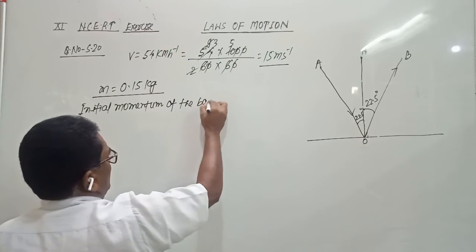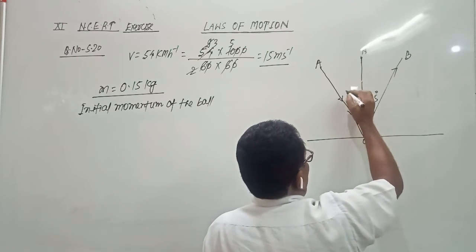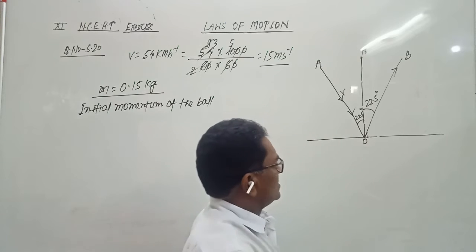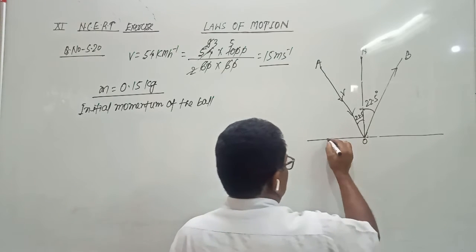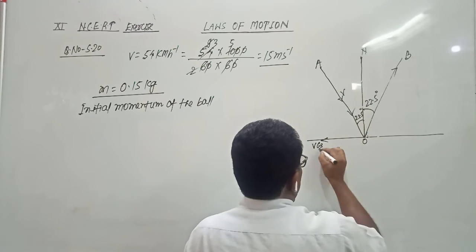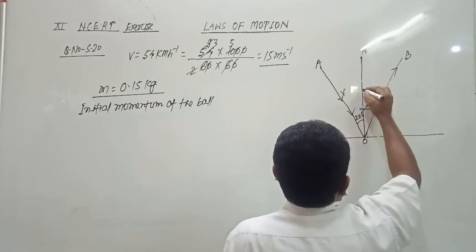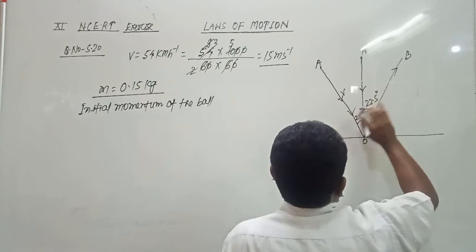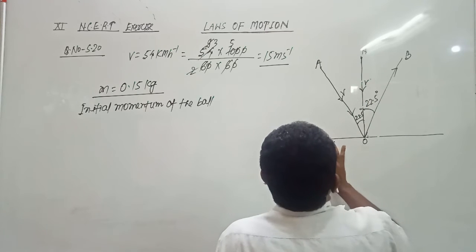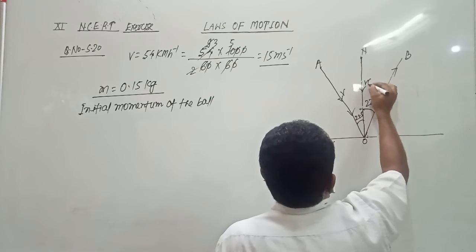Velocity is inclined at an angle of 22.5 degree with the vertical. So there must be two components. One is the horizontal component, which is V sin 22.5 degree, and another is the vertical component, which is V cos 22.5 degree.